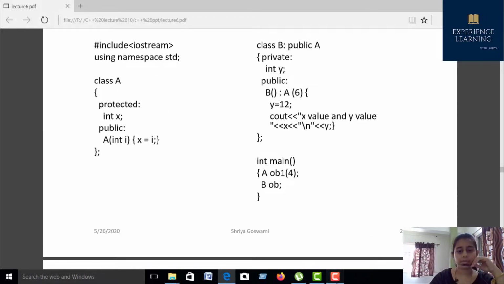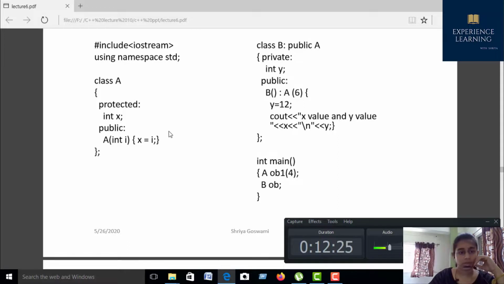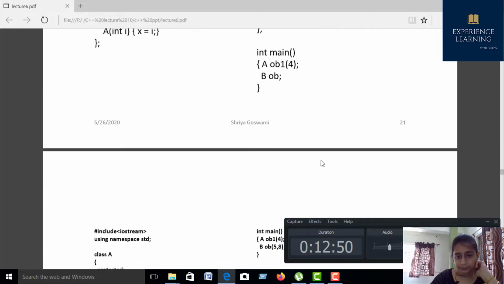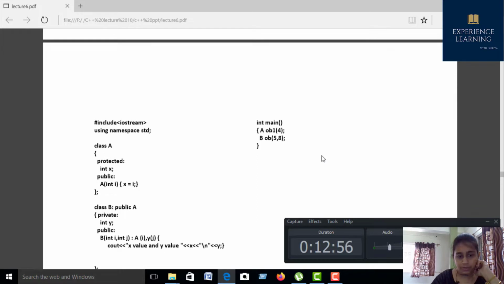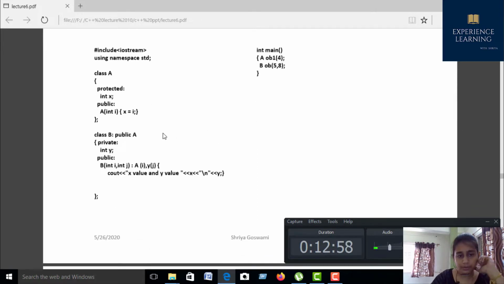See this example. Here we have a parameterized constructor in the base class and a default constructor in the derived class, but we need the explicit initialization. See here, the explicit initialization is needed. And see also this example where explicit initialization is needed.